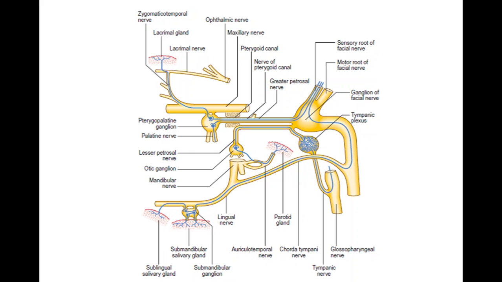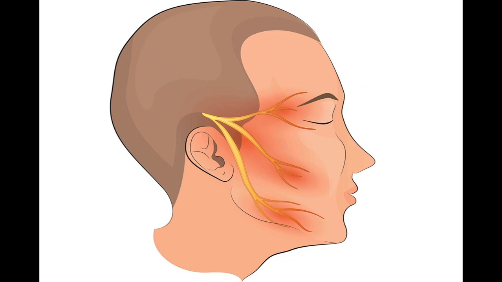I can say the fibers of the glossopharyngeal and the facial nerves hitchhike with the branches of the trigeminal nerve to reach their target organ. So that's all about the anatomy of the trigeminal nerve.